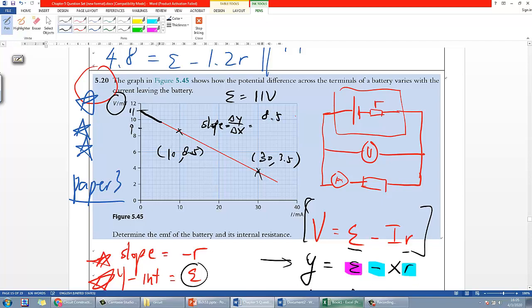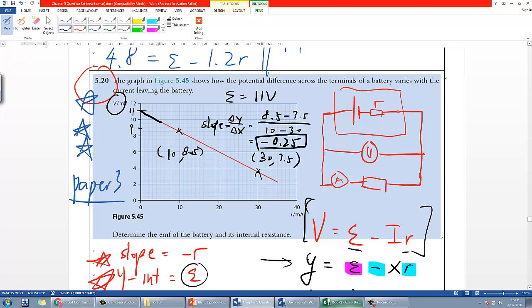So what you could get is 8.5 minus 3.5 divided by 10 minus 30, and yes, of course you get a negative result. Let me get my calculator. You would get negative 0.25, and that will be the slope.